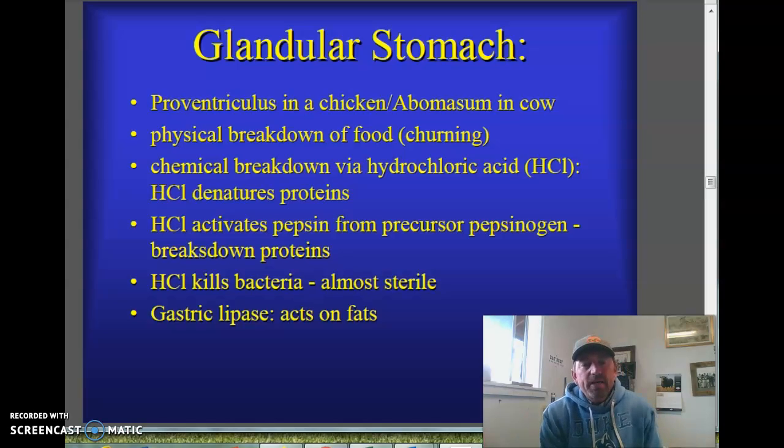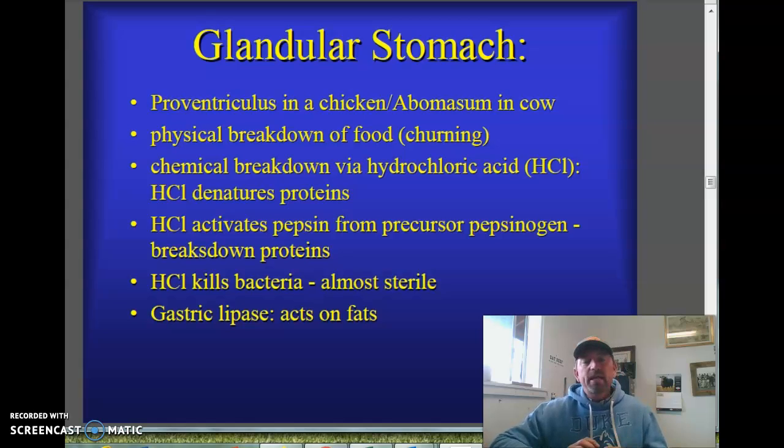When we talk about the stomach, there are differences also with our animals in terms of the chicken. The proventriculus is the chicken stomach. Now, the cow has 4 of them, but the true stomach is the abomasum. That is the stomach that's filled with hydrochloric acid, like a monogastric stomach.